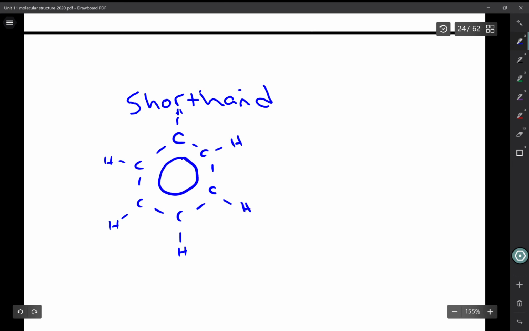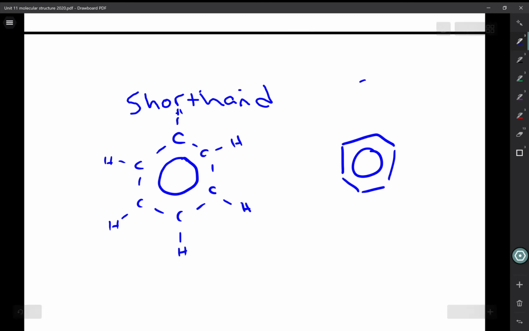That circle just means that the electrons, those double bonds, are constantly moving around. Okay? And even more shorthand, this is what I did in organic chemistry. This is a shorthand symbol for benzene, right there. So that's how resonance works.